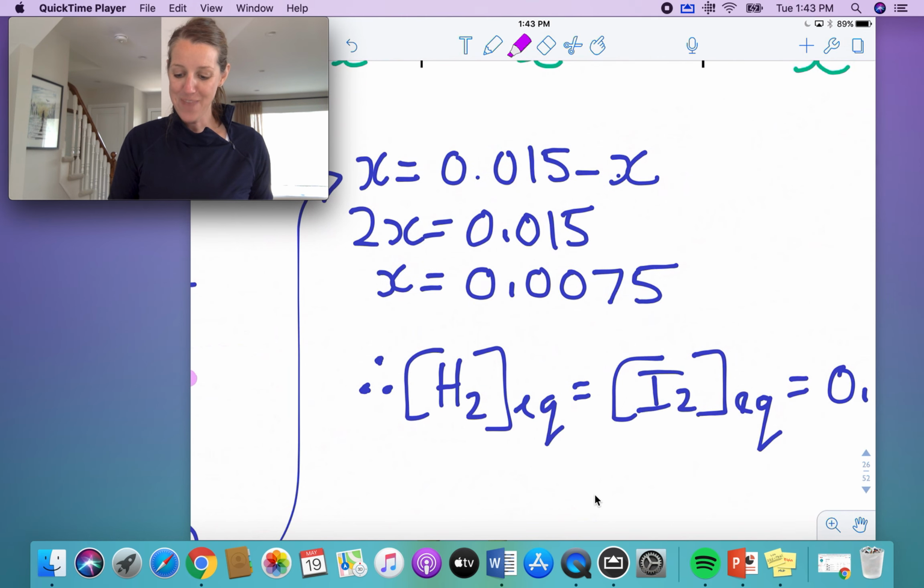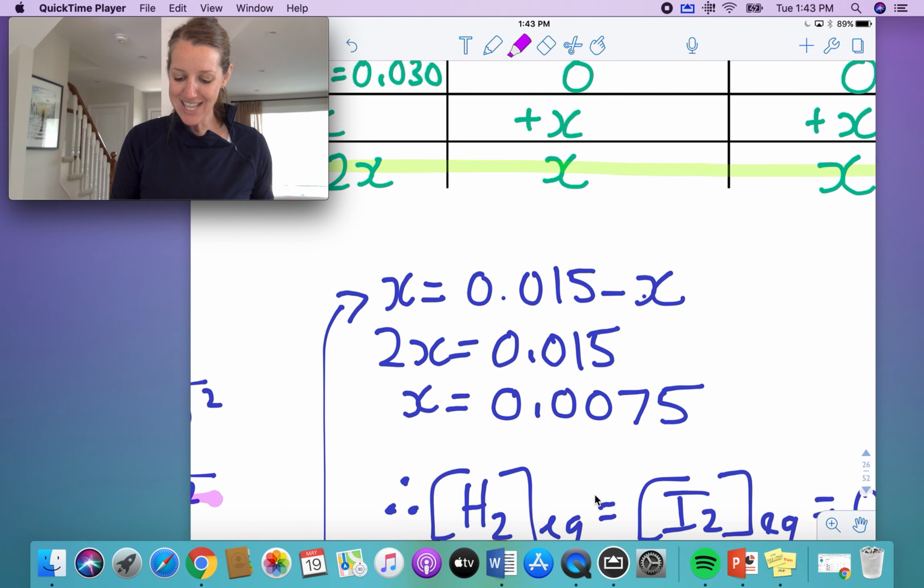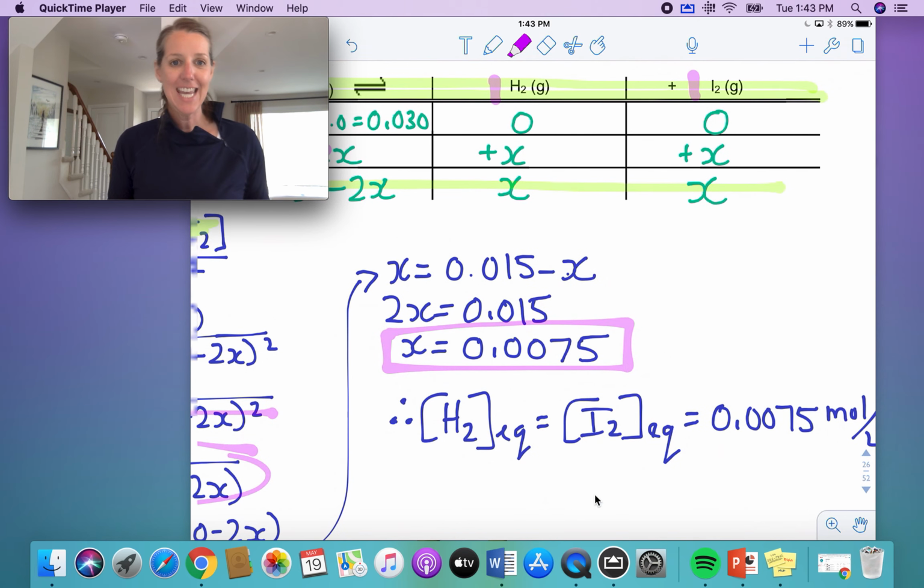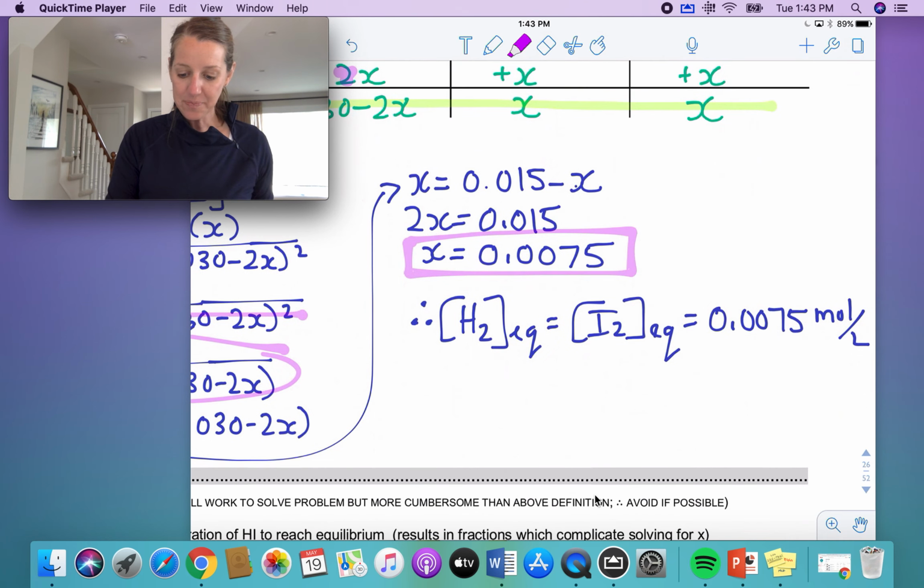Solve for x. Once you get down to the end, you have a value for x, and in this equation, our x value is equal to 0.0075. Because x was the concentration of the hydrogen gas and the iodine gas at equilibrium, I can simply conclude that my hydrogen gas equilibrium concentration and iodine gas equilibrium concentration is equal to 0.0075 moles per liter.